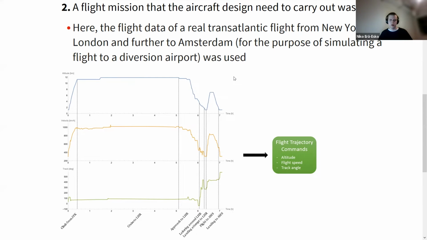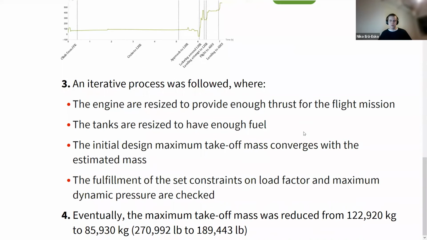This is something the airworthiness authorities require, that on each flight we need to have fuel for this sort of scenario. So these flight data were pretty much able to be entered just as such as the commands to the autopilot, and then we could evaluate the aircraft for this given flight mission.